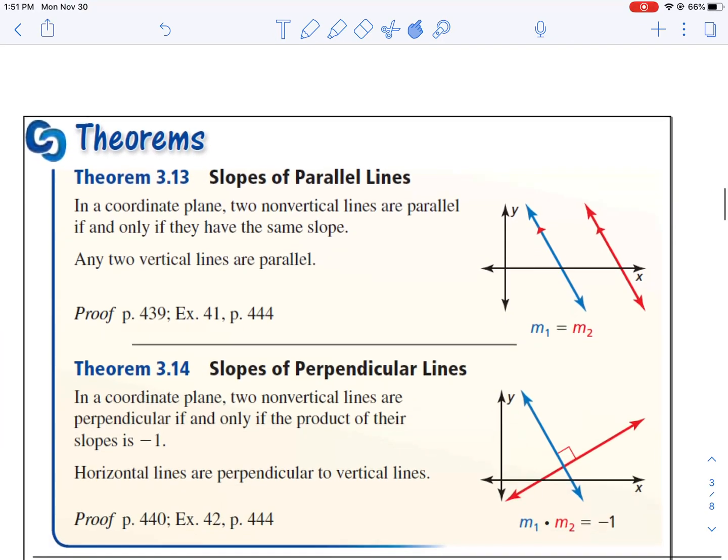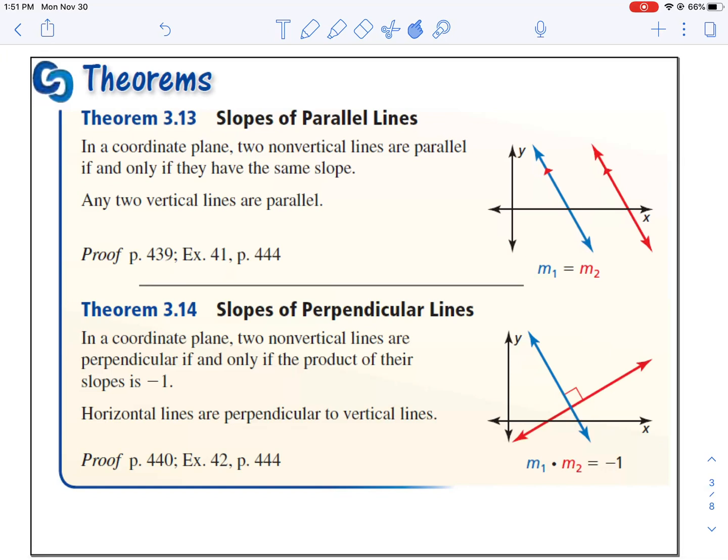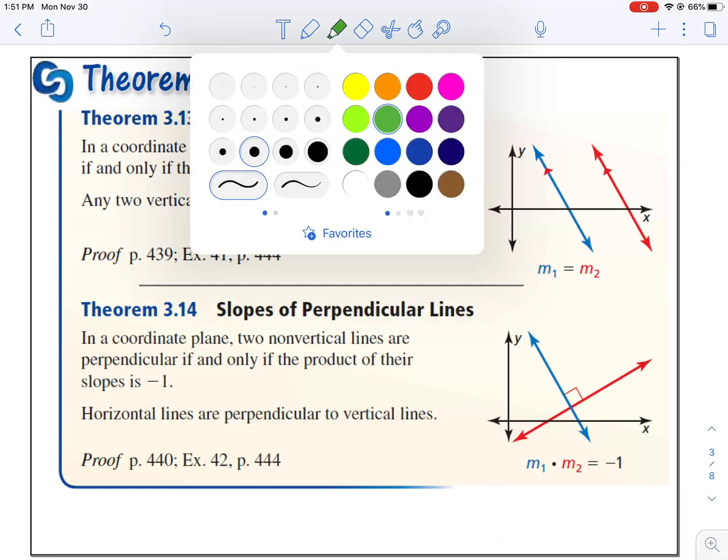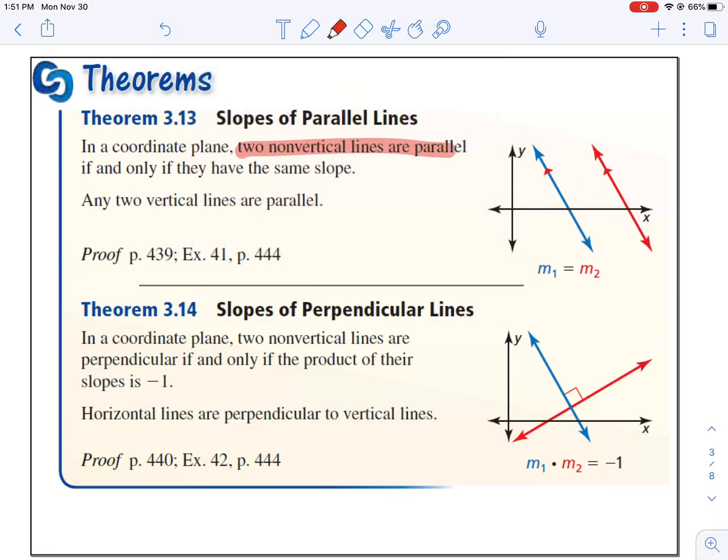All right, so first off, what the heck is parallel? Well, parallel means two lines that have the same slope. We use this symbol to mean parallel. And as it said here, that means they have the same slope.